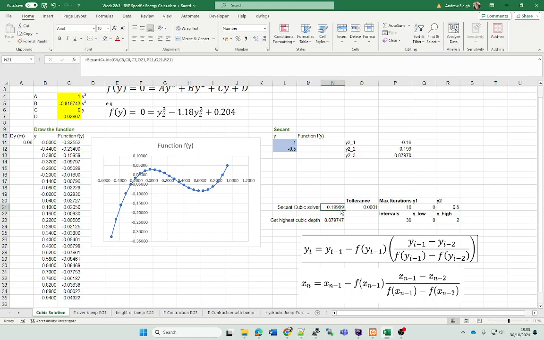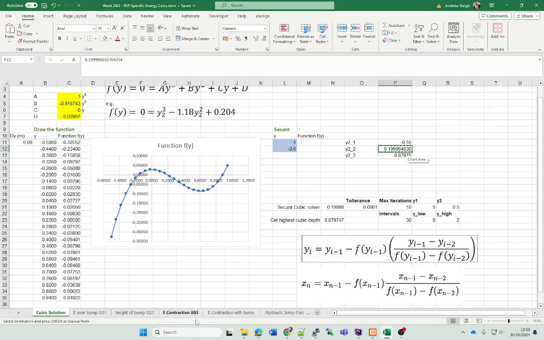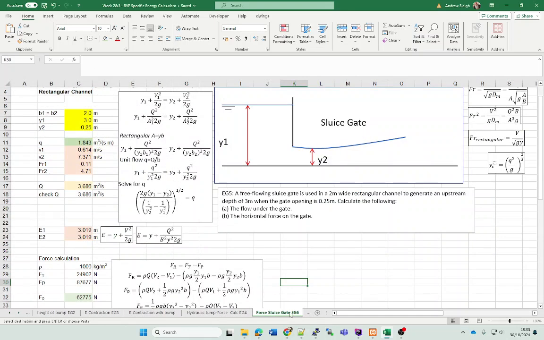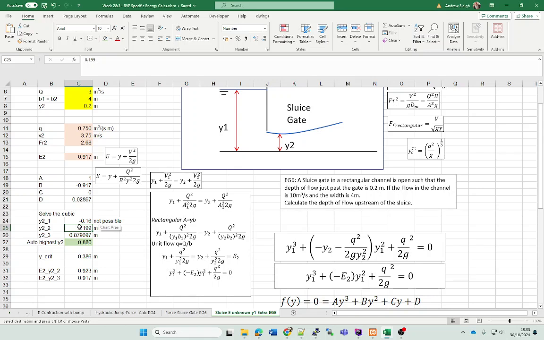So that's the number I wanted to actually copy into my spreadsheet here, rather than just type it in, and we see that those two energy calculations are identical as a check.